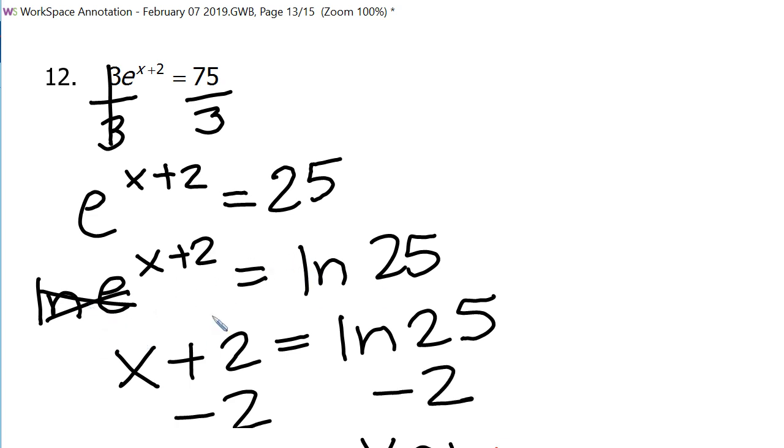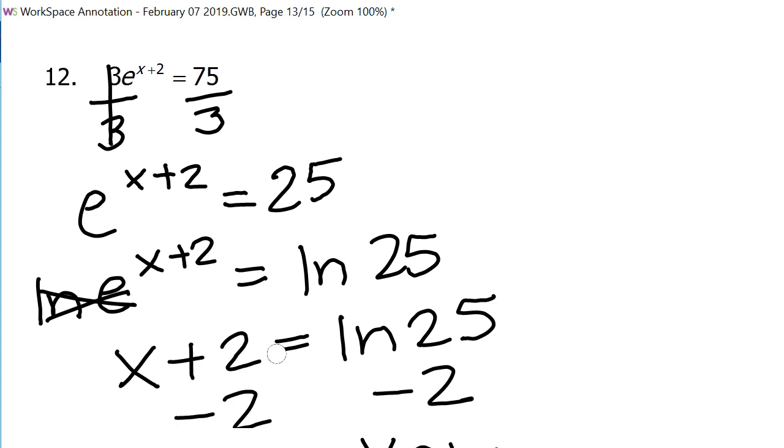So in the calculator, you need to type in natural log of 25 minus 2. And what would that be? 3.135. We agree? What did you get?